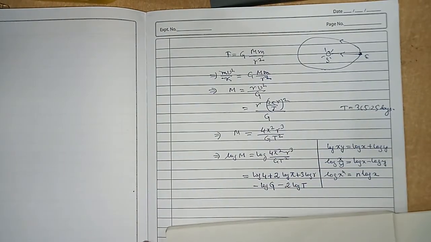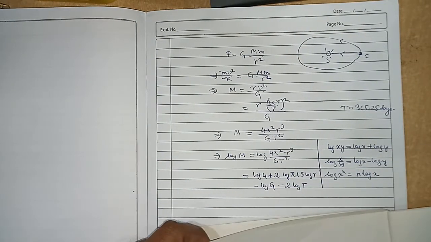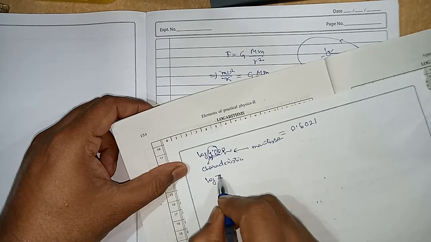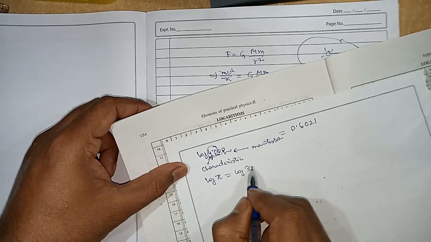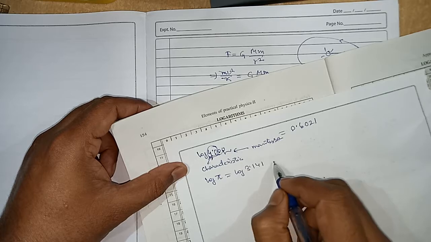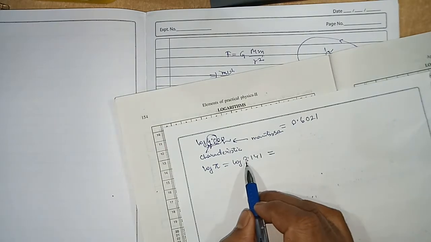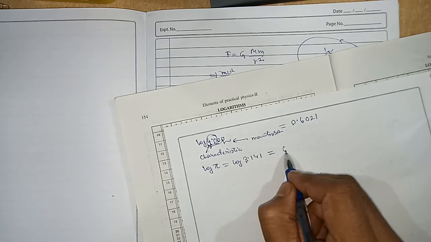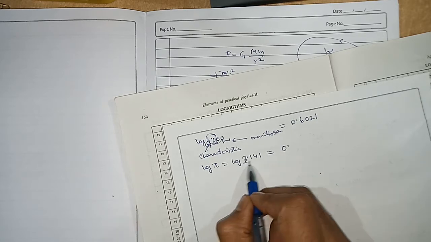Next, let us try to find the value of log pi. So log 3.141. Here the number of digits is 1, so we subtract 1 from this. 1 minus 1 is 0. And then this value we have to see.